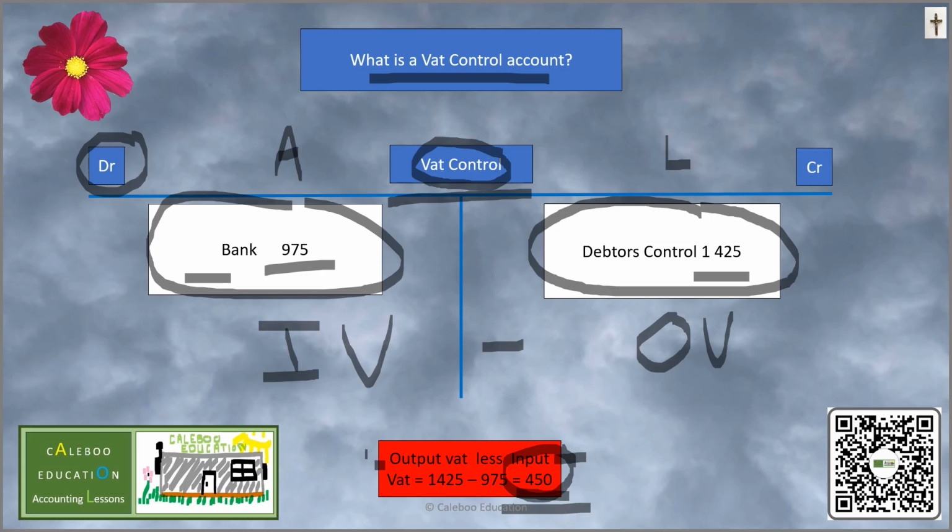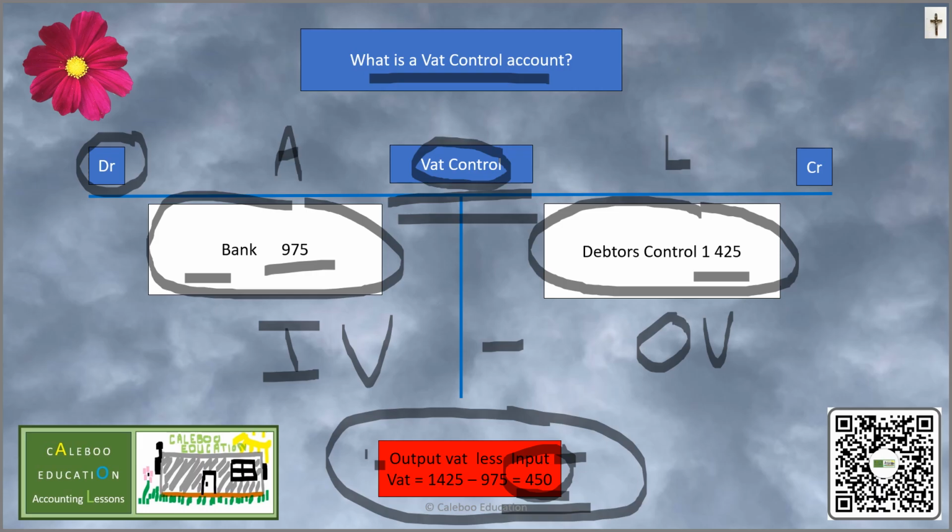So in the general ledger you might have one account for VAT, and it will be the VAT control account. You may have an input VAT account or an output VAT account and close them off to the VAT control account. So there are different ways of recording VAT, but the end result is all the same. Output VAT less input VAT will give you the amount owed to SARS.